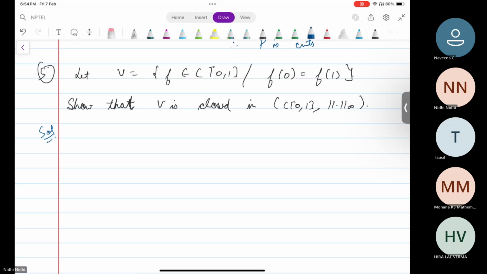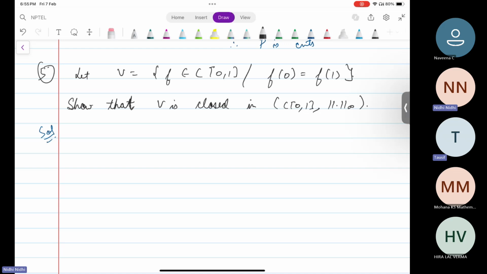So in that case, what can we do? The Cauchy sequence converges in C01, but we want the limit to be in V.